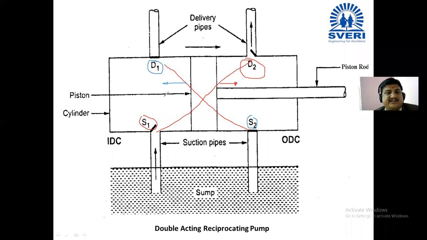For example, in the JCB, you know that the arms of the JCB are moving with hydraulic energy, and that hydraulic pressure is generated by using this double acting reciprocating mechanism. Similarly, in the hydraulic crane, the same mechanism has been utilized.